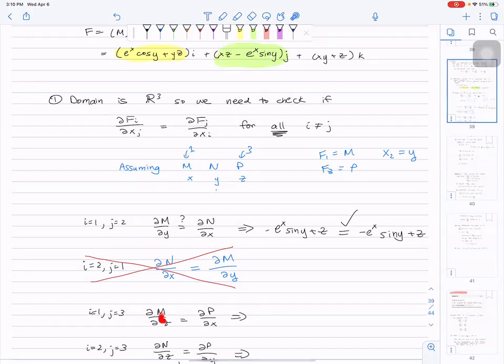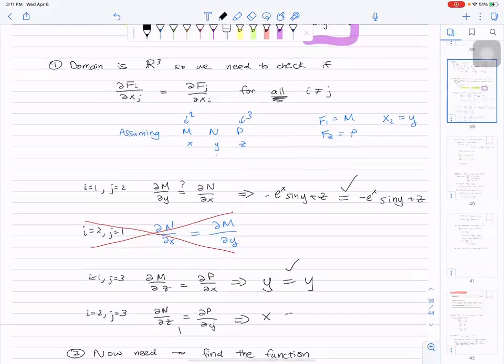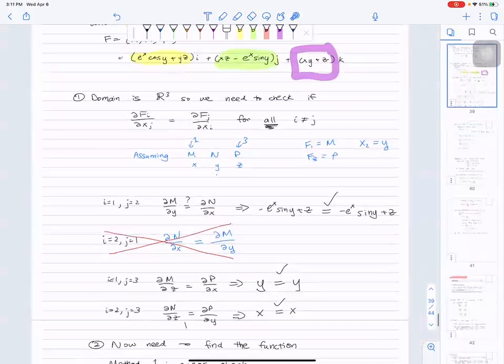M with respect to z is the yellow with respect to z, just y. Partial of P, that's the purple one, with respect to x is y also. They are equal. And the same thing for the last one, you get x equals x. So all 3 conditions are met. We passed the component test, so it is a gradient.